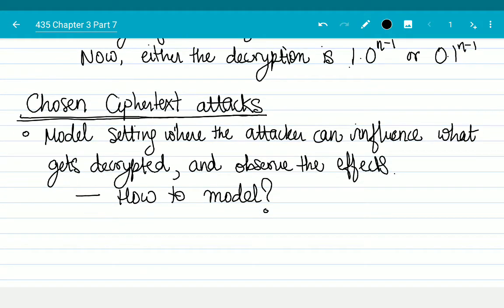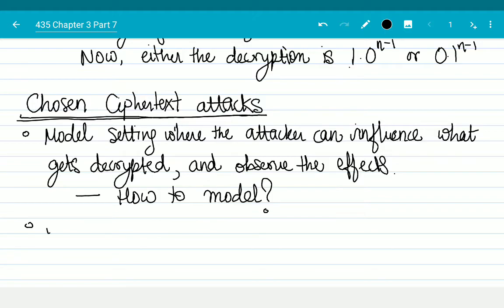And the question is, what do you mean by influence what gets decrypted? If I give them M1, M2, get an output C, and they can decrypt C, then of course they can tell whether M0 or M1 was encrypted, right? That sounds dumb. But we want almost that.